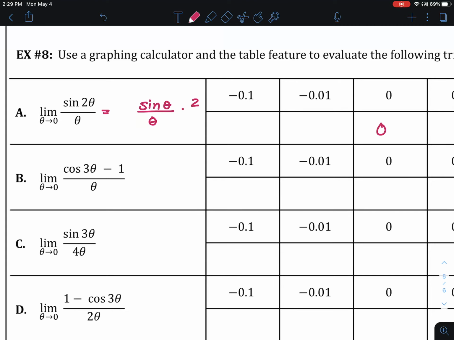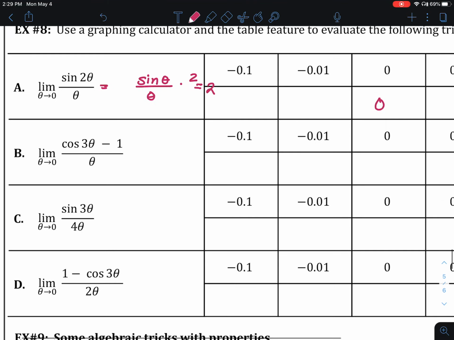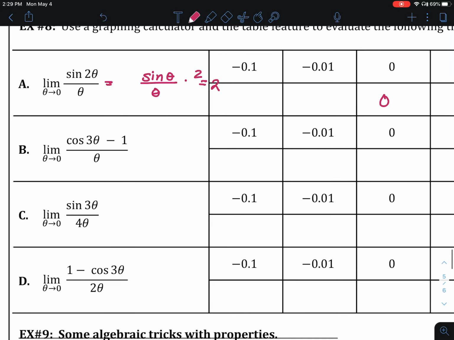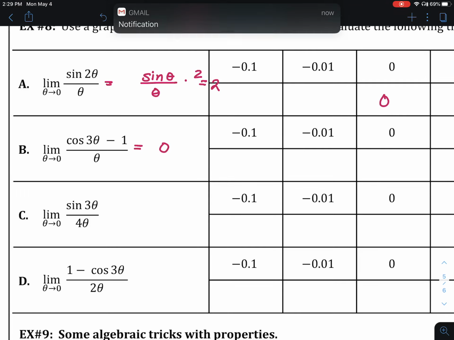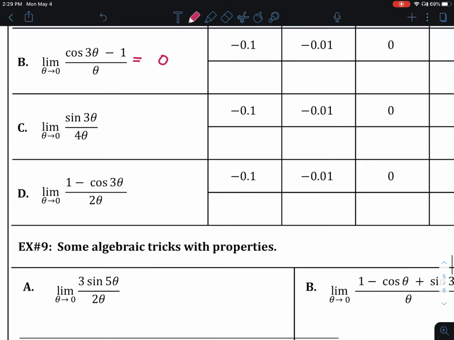But every one of these you can then multiply it. The limit here happens to equal 2. In the second example, it looks an awful lot like our special trig limit. And so even if you could pull out the 3 like you did in the first example, the answer here is just going to be 0.